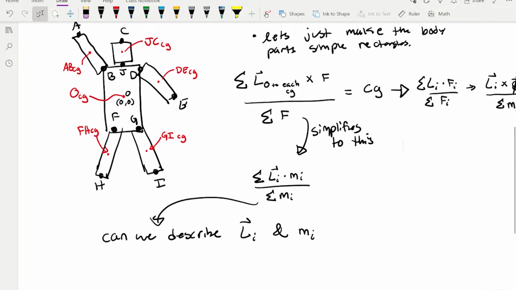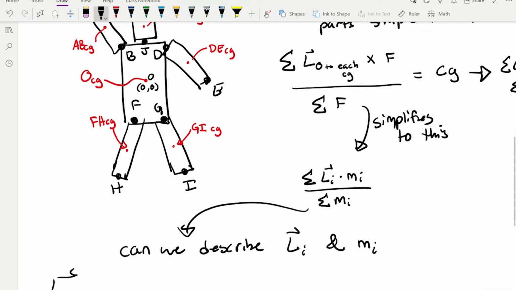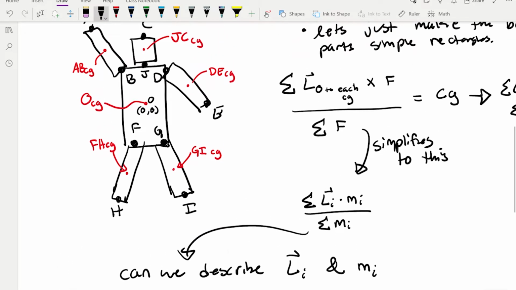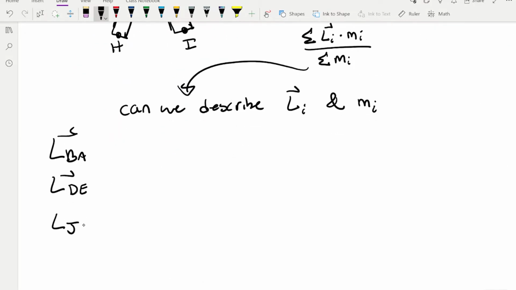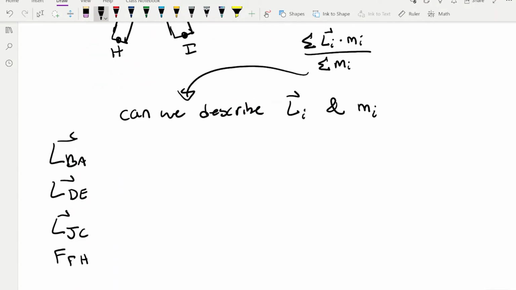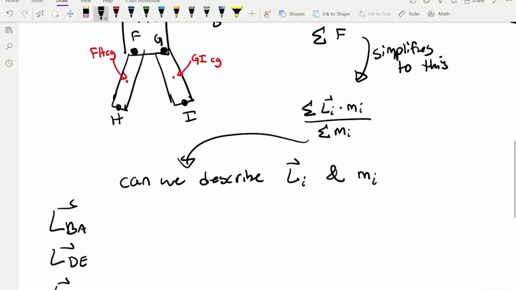Okay, so how do we find our length vectors? Let's just describe all of the ones we need. We need LB to A, LD to E, LJ to C, LF to H, G to I. What else do we need?